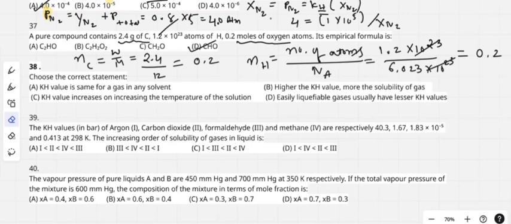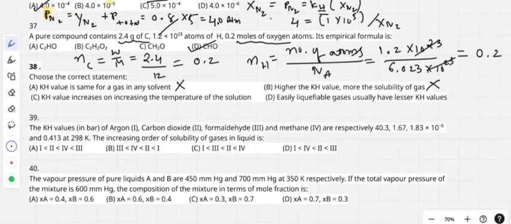Here KH value is not the same, so it is not a correct statement. Higher the KH value, lower will be the solubility of gas, so this is also incorrect.